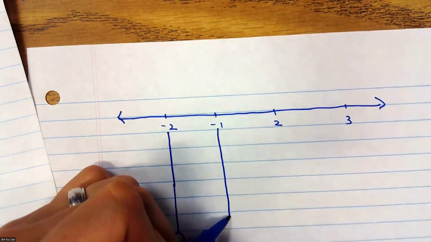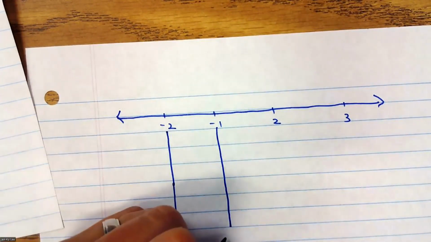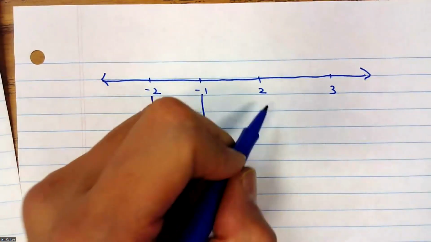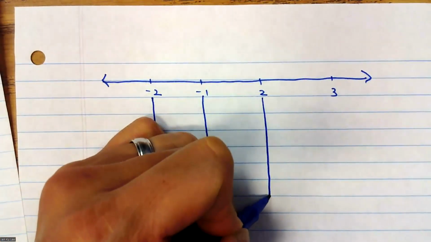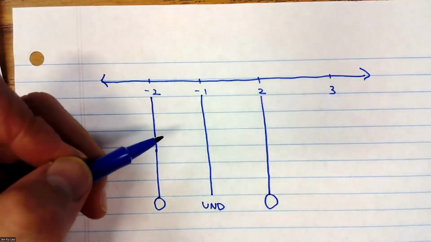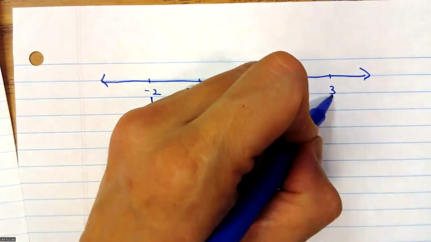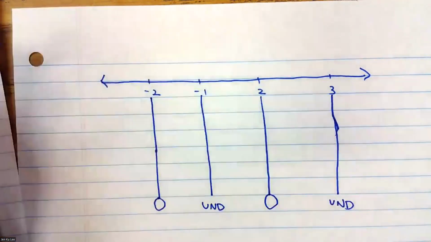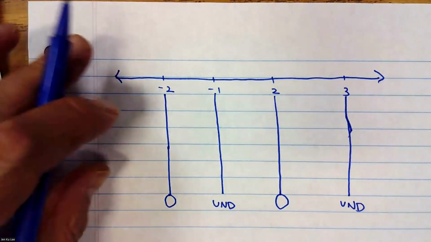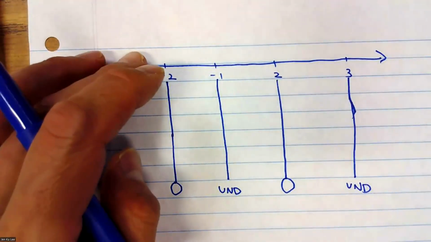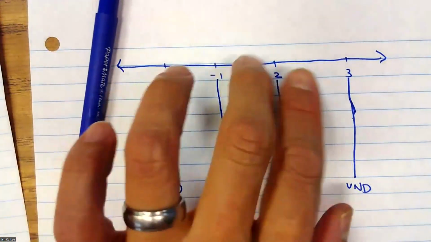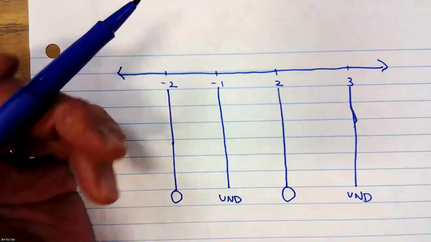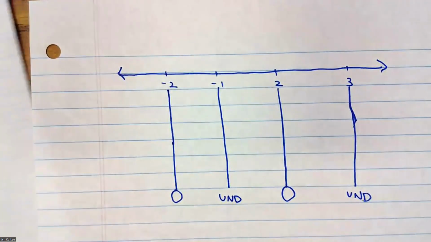If x is negative 1, that becomes undefined. If x is 2, that becomes 0. If x is 3, this becomes undefined. But again, I want to know what's going on in between these cut points. So this fun chart appears.